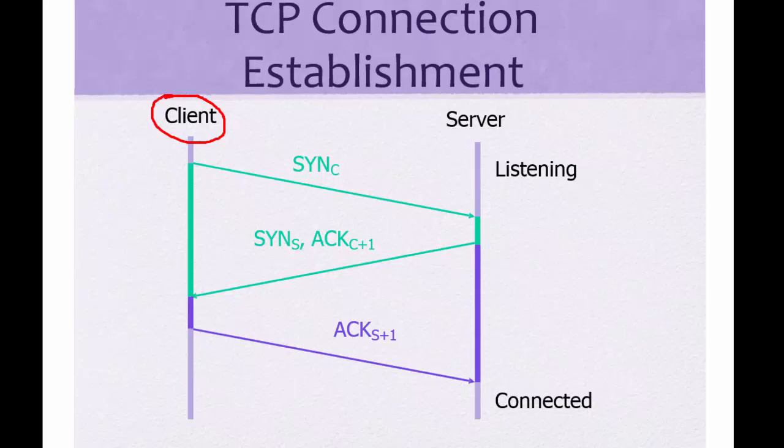TCP identifies two types of open calls. You just remember these two types. The first one is active open and the second one is passive open. An active open call is when a client process using TCP takes the active role and initiates the connection by sending a TCP SYN message to start the connection.